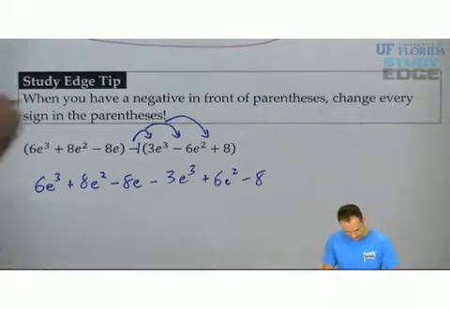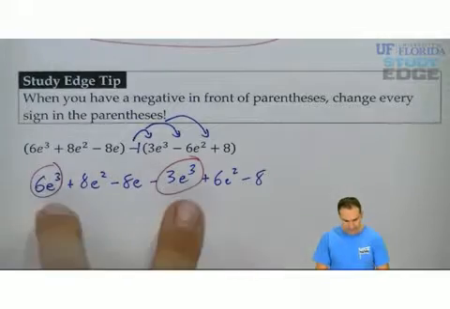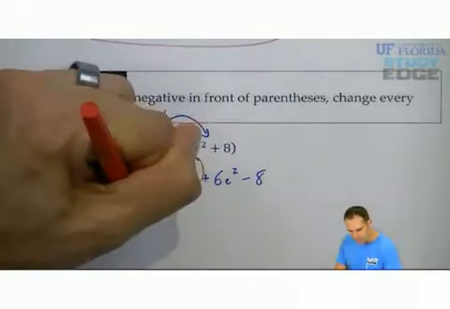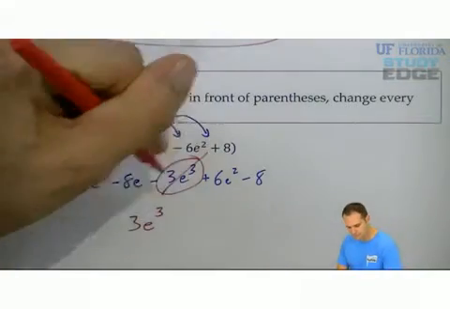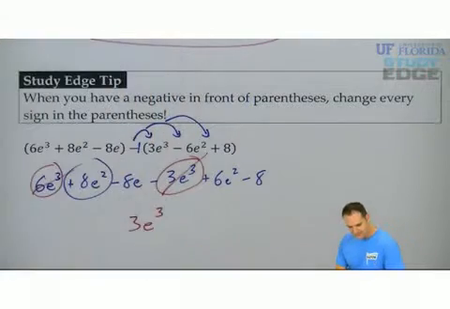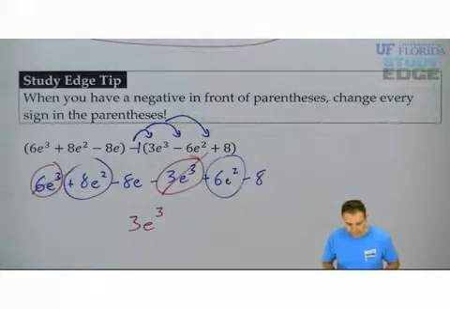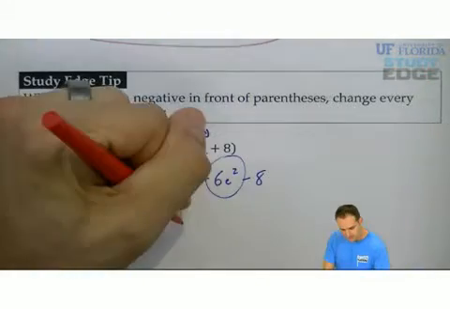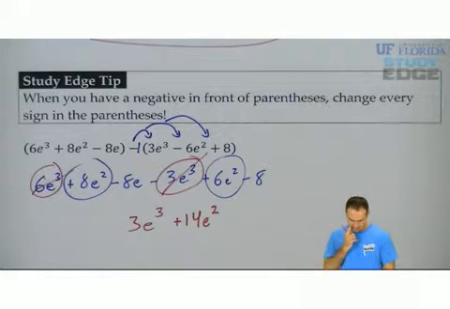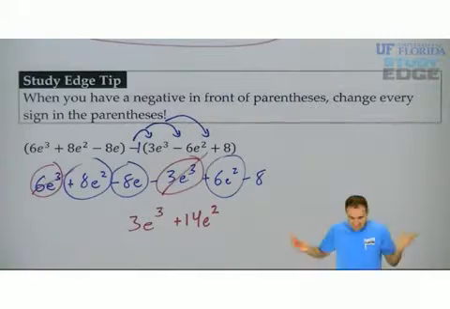Let's see. 6e to the 3rd power minus 3e to the 3rd power, I can combine those. 6e to the 3rd minus 3e to the 3rd will be 3e to the 3rd power. Next up, 8e to the 2nd power plus 6e to the 2nd power are also like terms. 8 plus 6 will give me 14e to the 2nd power. Let's see. Negative 8e, or minus 8e, nothing to combine.